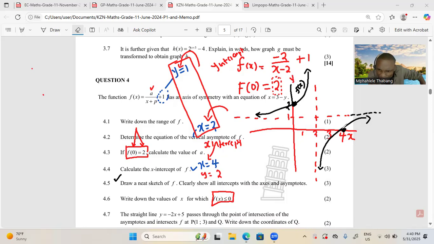This part of f of x is below the x-axis. So the values of x where f of x is below the x-axis is when x is less than or equal to 4. Actually, it's from this 4 to the left-hand side.